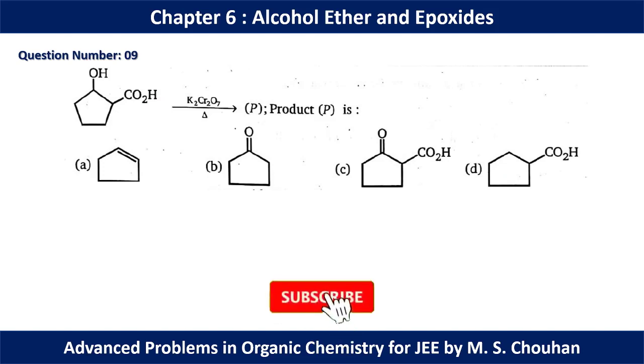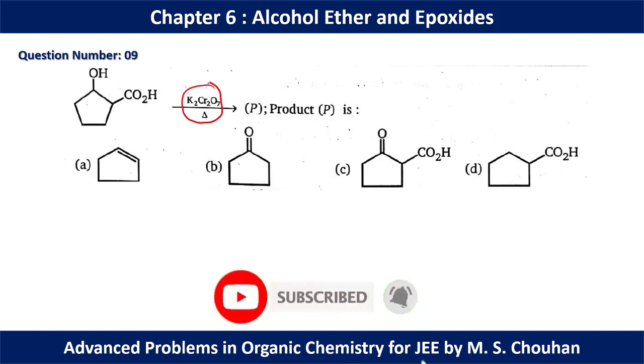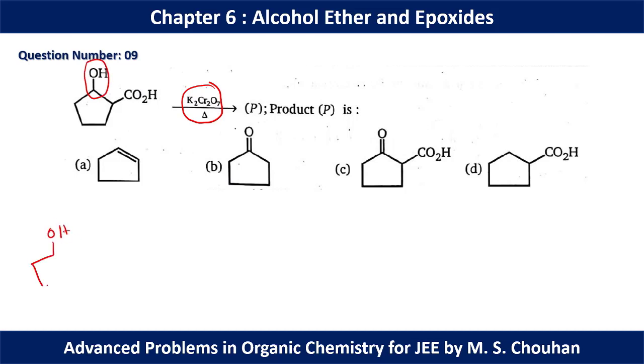In question number 9, we have strong oxidizing agent K2Cr2O7. So this OH can be oxidized easily. This is a 2 degree alcohol, and after 2 degree alcohol oxidation, we can have ketone. K2Cr2O7 will give ketone. Now it is a beta keto acid.